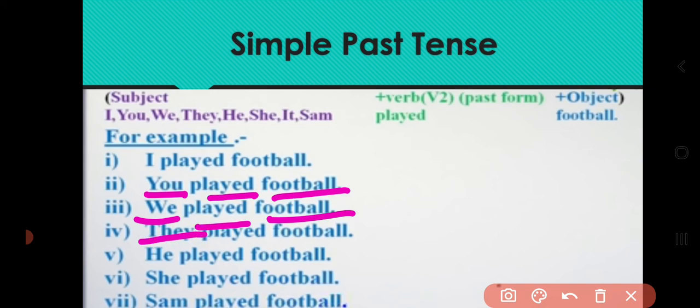They is the subject, played football, played is verb two and football is our object. Same way I have used different subjects, he, she and Sam. With a name also you can make your sentence: Sam played football. So here, with different subjects, I have tried to make sentences in the simple past tense.